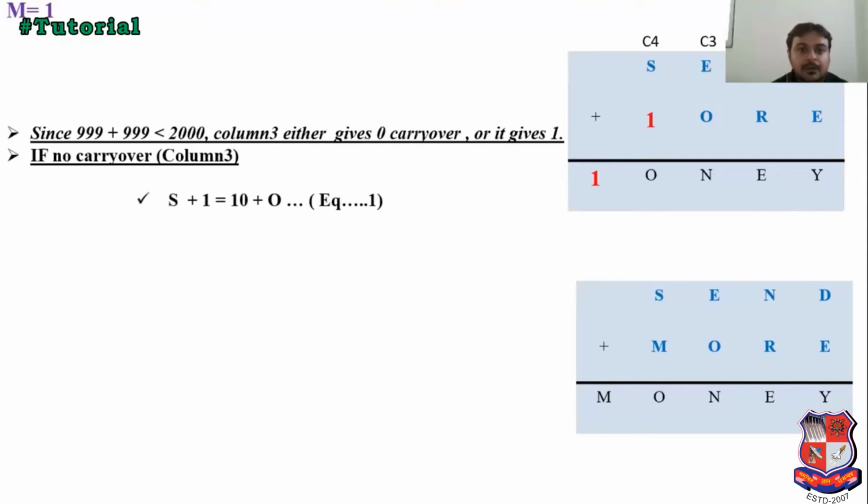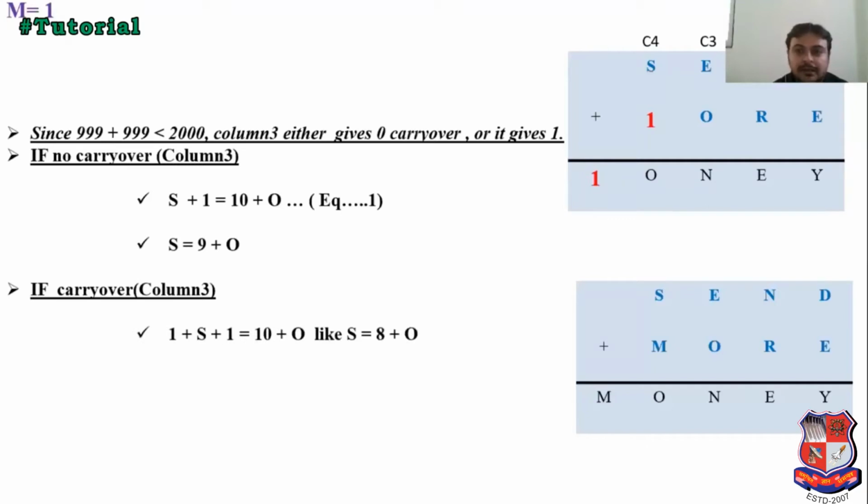We can write column number 4 as S plus 1 is equal to 10 plus O, and we call this equation number 1. So S is equal to 9 plus O.